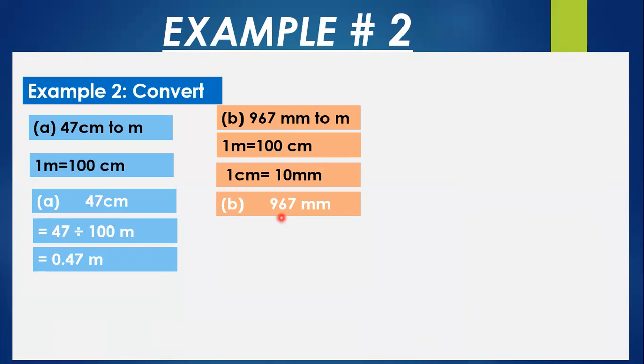So the question is here, 967 millimeters. So 967 divided by 10. Okay, why are we going to divide here? Because we have to convert a smaller unit to bigger unit.